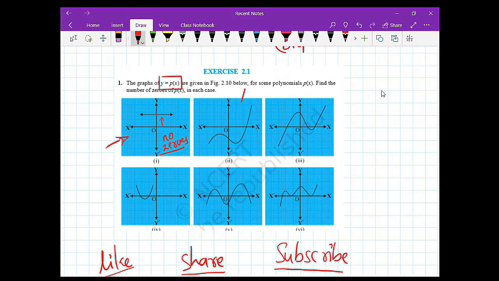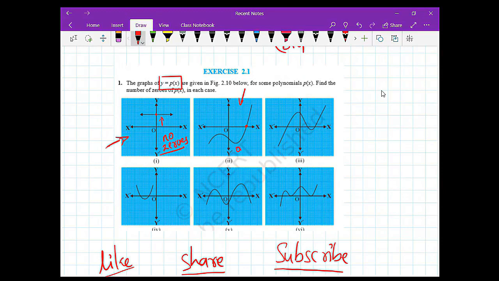Yes. For the second graph, answer. How many zeros are there? What is the number of zeros of this p of x graph? So first observe the curve is intersecting at only 1 point on the x-axis, that is, the x coordinate.